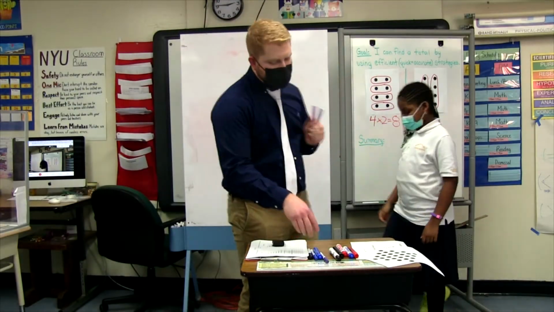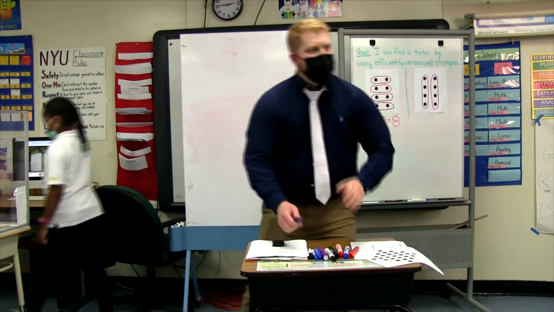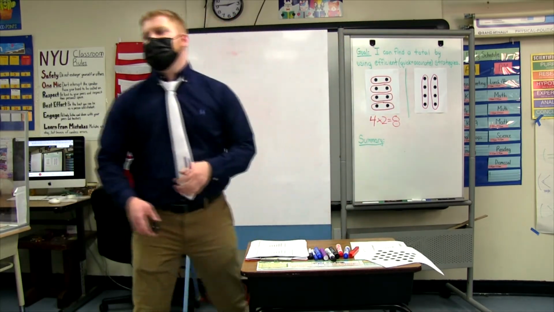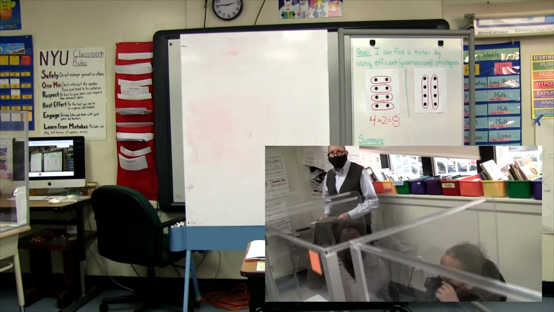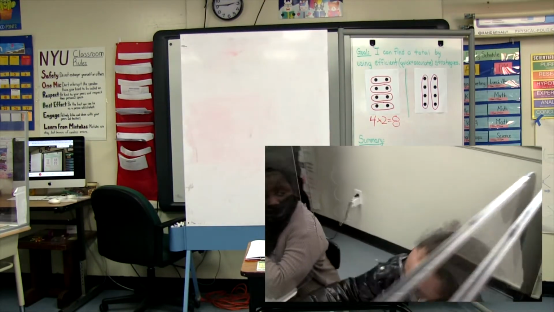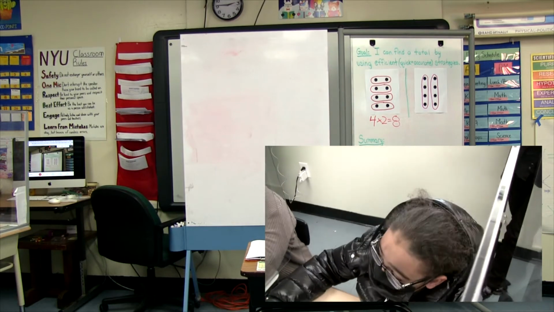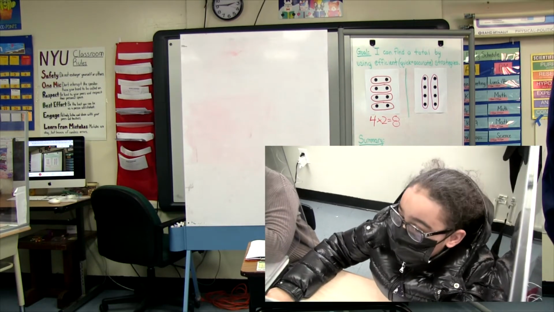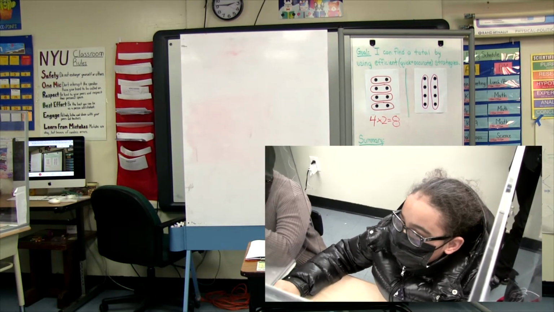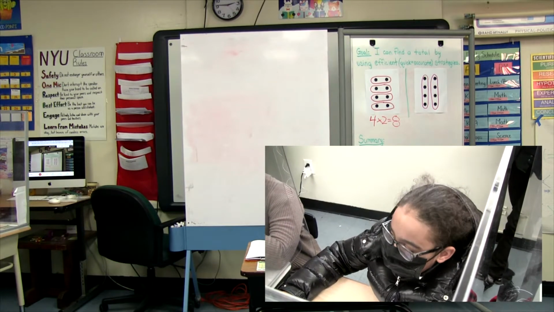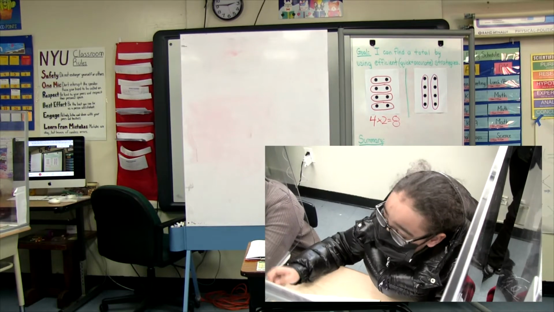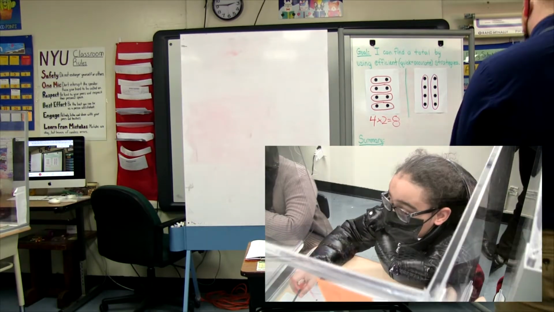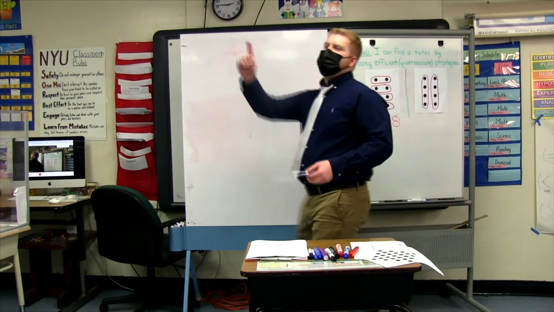Who's got her equation to match? What do you think? Let's go over to Maddox. You can get this one. What equation matches that grouping strategy? Is it 4 times 2 or 2 times 4? Okay, which one do you think it is? How many groups of what? It's 2 times 4. Okay, 2 groups of 4, which once again gets us 3, 2, 1.